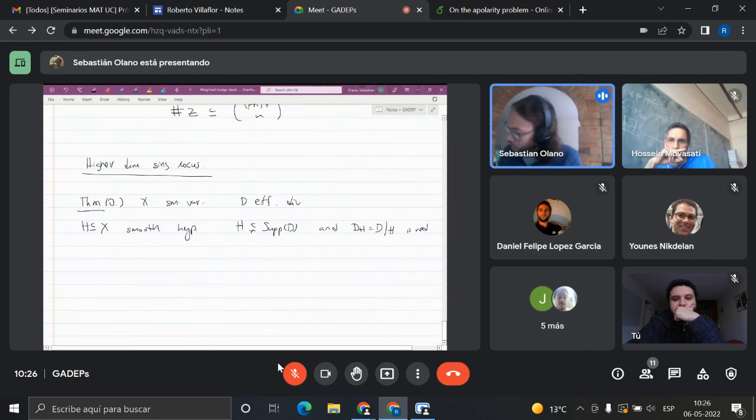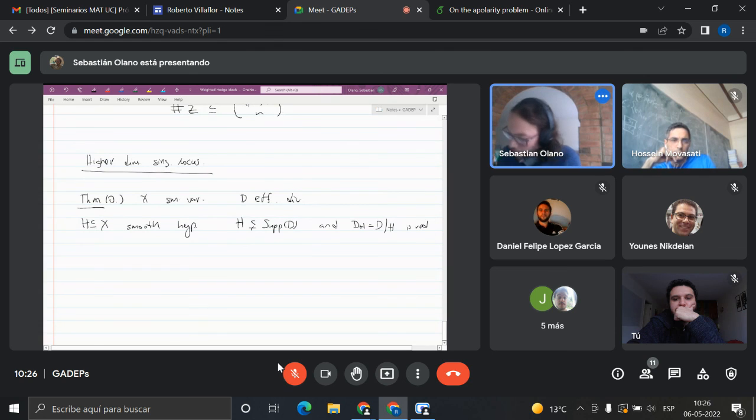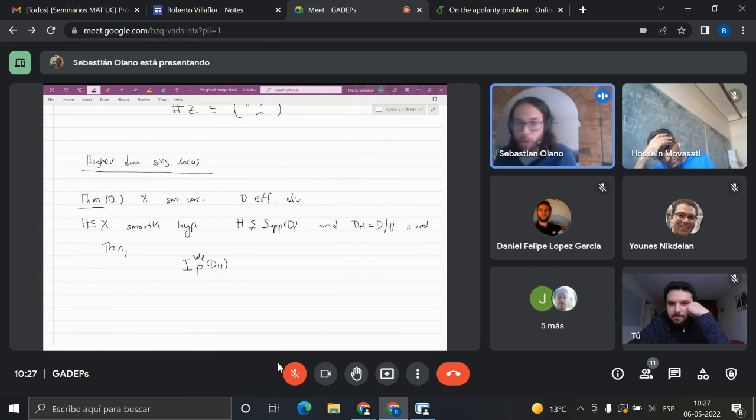So if this is satisfied, then you can ask how to compare. On one side, you have now the weighted Hodge ideal of the divisor D_H in H, and on the other side, you have the Hodge ideal of D, right? And a natural way is to compare the restriction of I_p weight l with the other Hodge ideal.